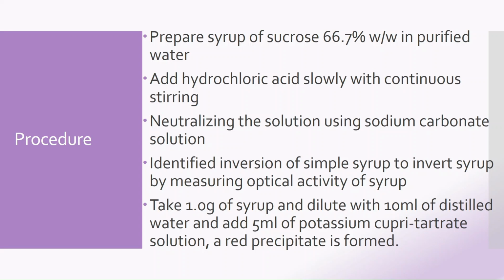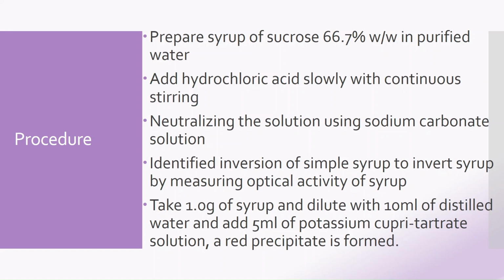So after you have made that simple syrup, after you have made your syrup of sucrose 66.7% weight in purified water, we are adding in hydrochloric acid slowly with continuous stirring. We are adding in hydrochloric acid to bring about hydrolysis of sucrose to D-fructose and D-glucose. Are we together?